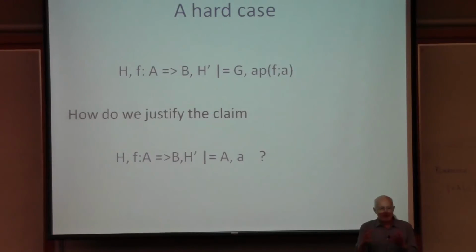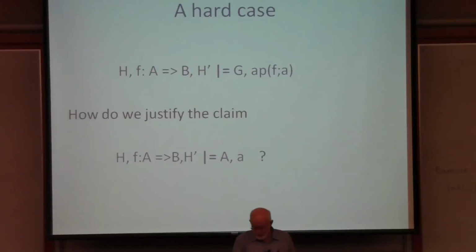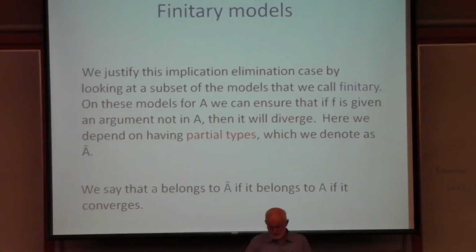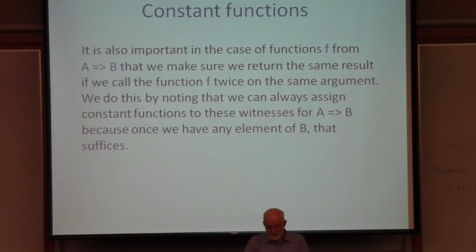We found that you could pick finite types for A and arrange that you would have partial functions around that would diverge off of A. And then we could solve that problem. But this took a long time to figure out. So there is what I'm explaining: finite types, partial models, and that works.